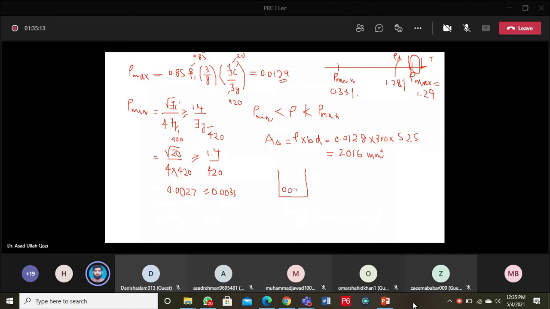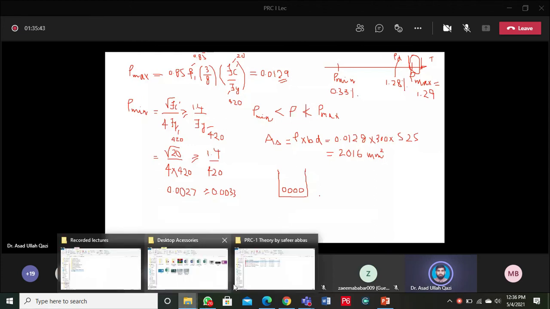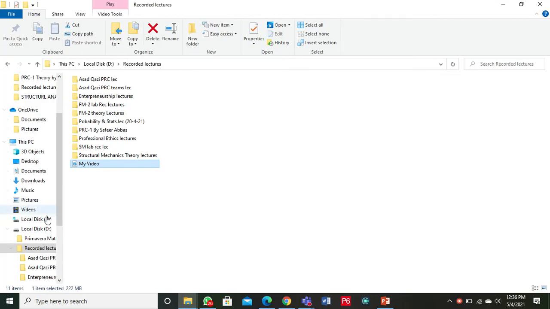I will discuss why 4, why not 5. So first tell me what bar size you will select. Just open the ACI code or your design book by Z.A. Siddiqui or McGregor. You will get nominal areas.